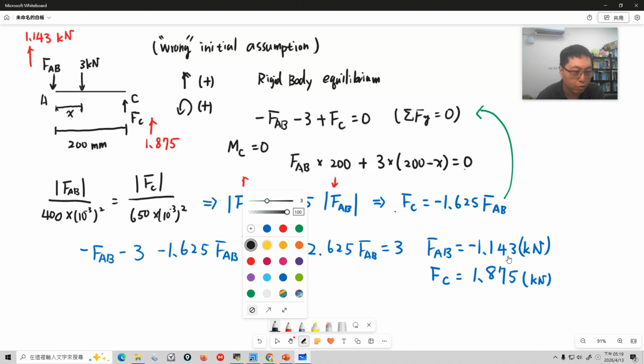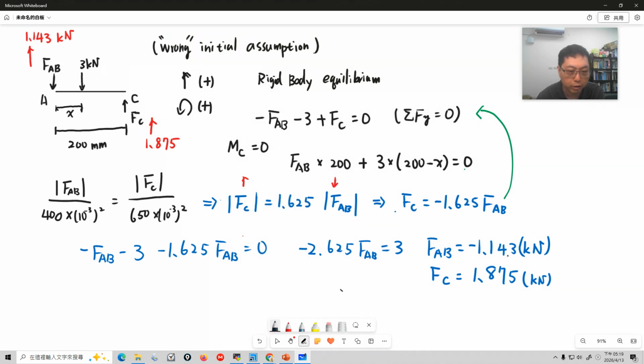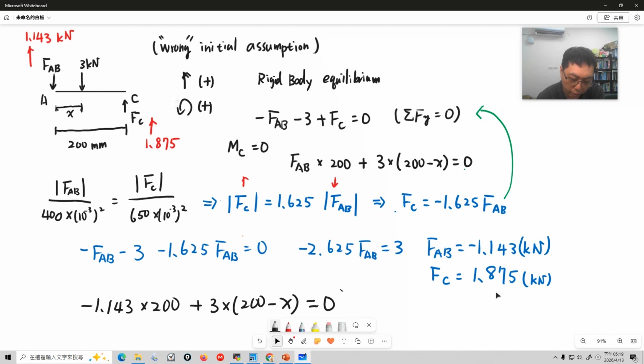Be careful, here we just put negative 1.143 times 200 plus 3 times 200 minus x equal to 0 to solve for x. That's minus 228.6 plus 600 minus 3x equal to 0.